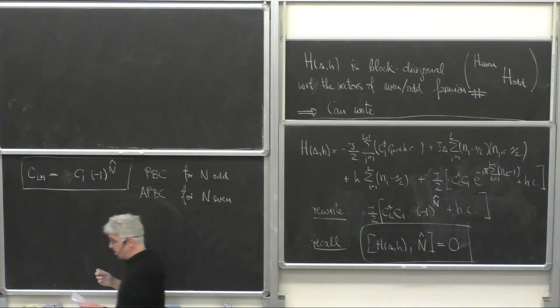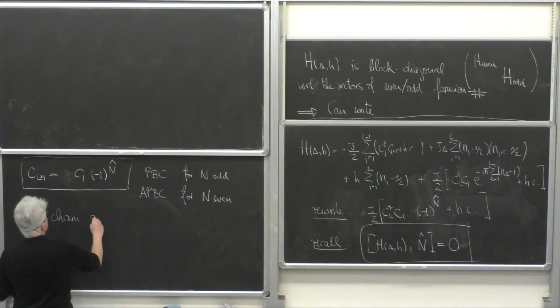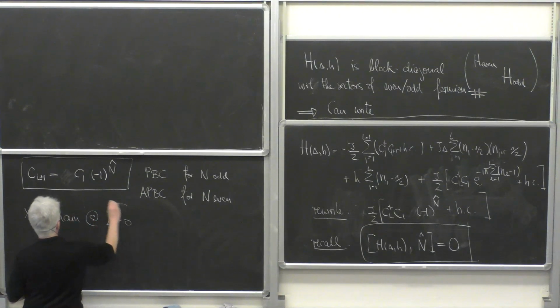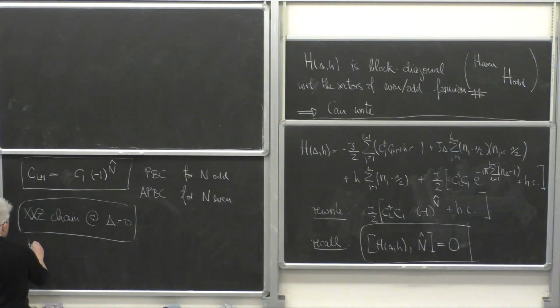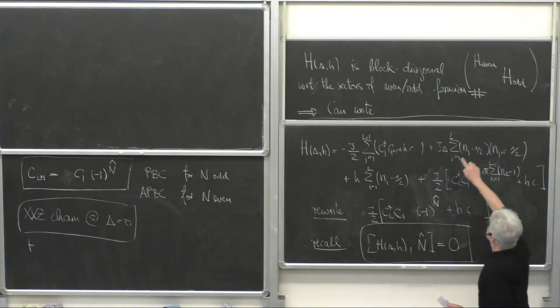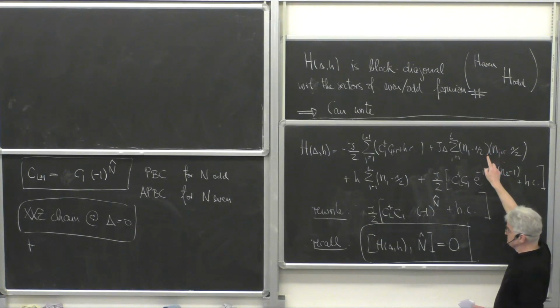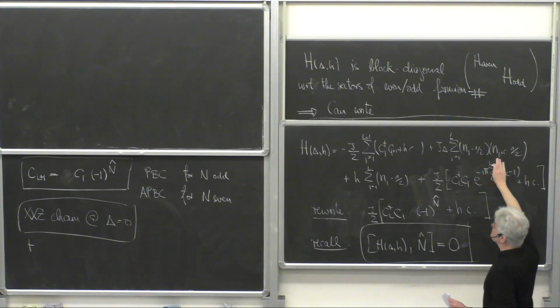No. Okay. So now we're going to learn something kind of interesting, which is very, very simple but very useful. So let's look at this XXZ chain at delta equal to 0. If I set delta equal to 0, I don't have this term. So I don't have the interaction term.